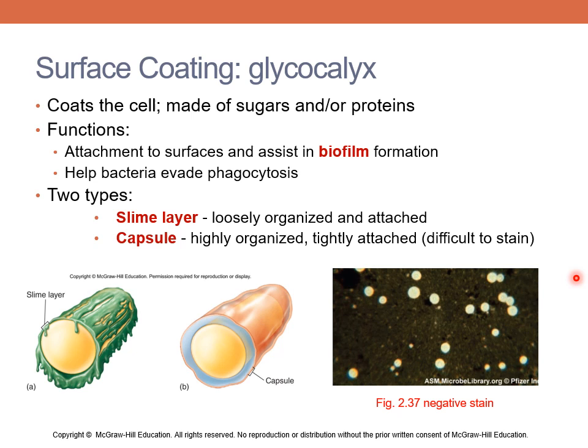They're also very difficult to stain, so a negative stain is often used, which stains the background, leaving the cells unstained, as seen in the figure on the right here, where you see the dark dye in the background of the negative stain, and then you see these white halos of bacterial cells.